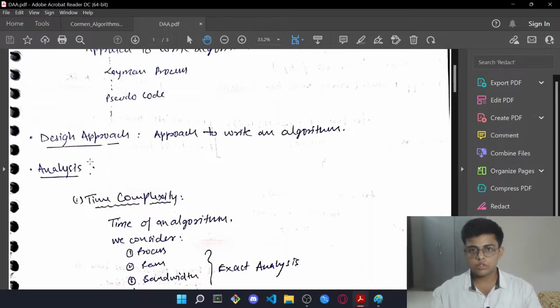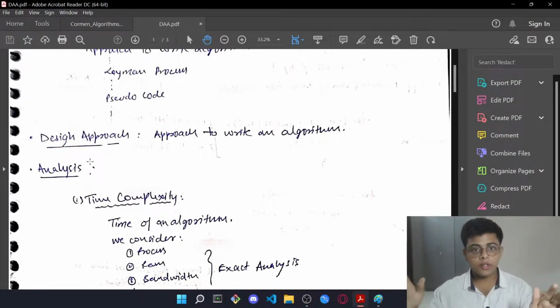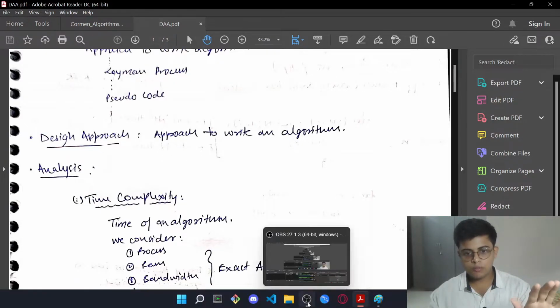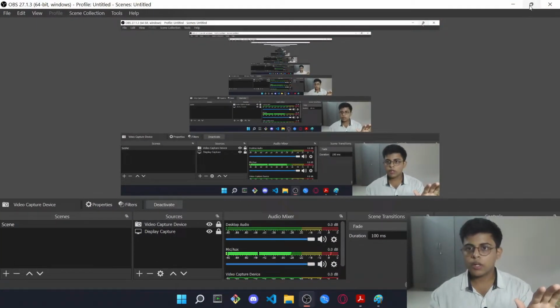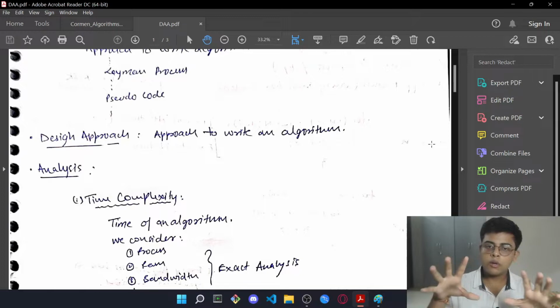All of them take different time complexity based on different types of input. So looking into the situation, whichever environment the algorithm is going to run in, we have to find out which algorithm will give us the best result. Let me see if my audio is coming or not. Yeah, it's coming. Great. So we just have to check in which environment which algorithm will perform the best.